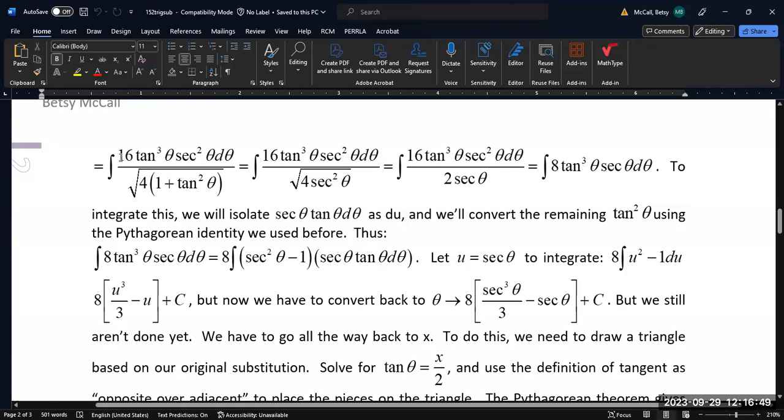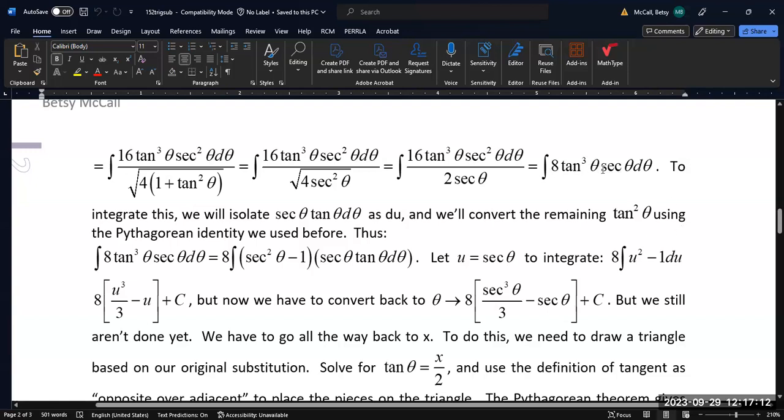That's getting us 16. In the denominator, I'm continuing to simplify, and I get it down to 2 secant theta. My 16 and my 2 can reduce, and my secant here can reduce with the 1 secant that's up top, and I end up with this.